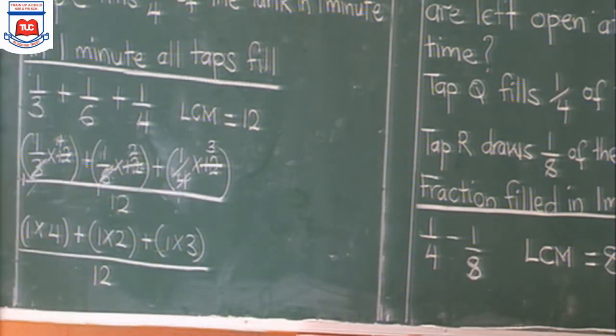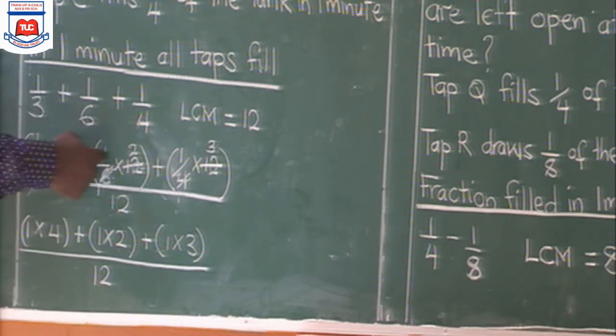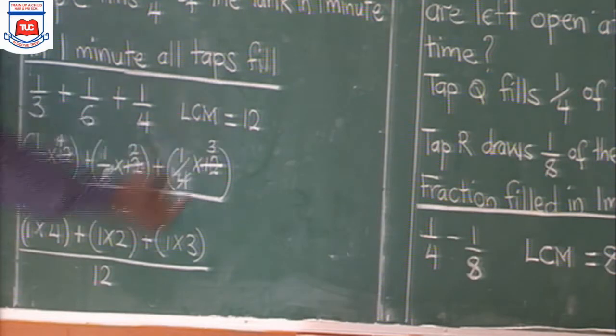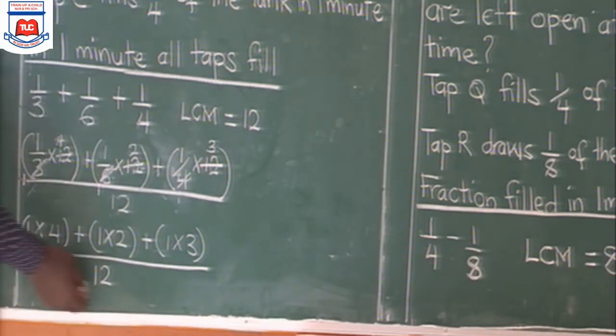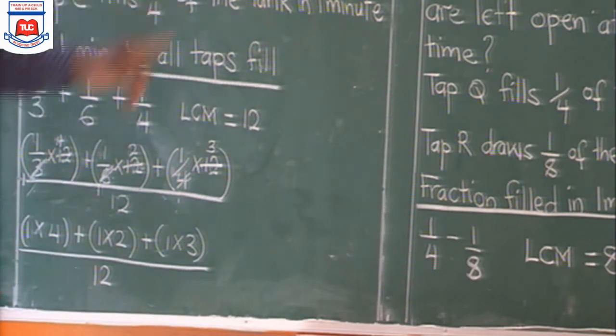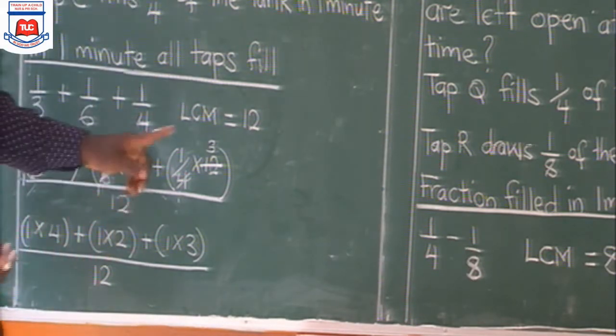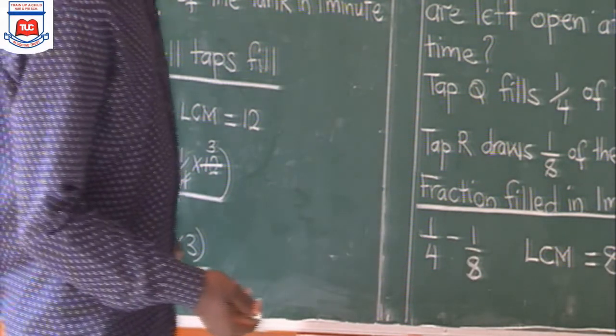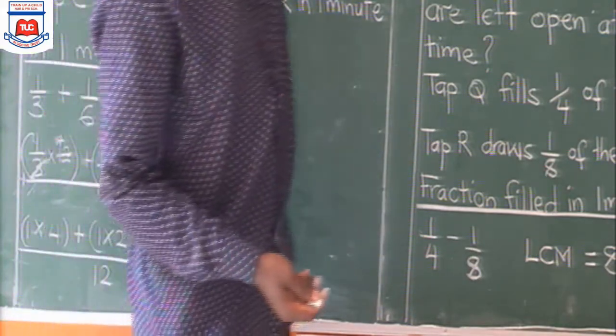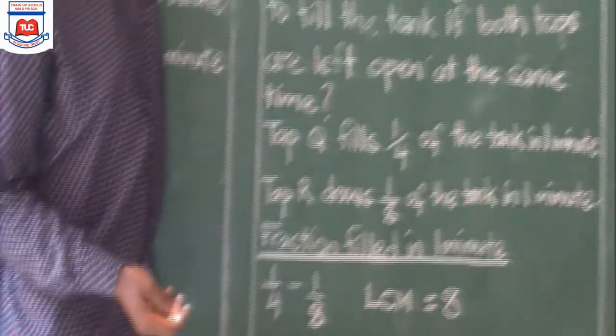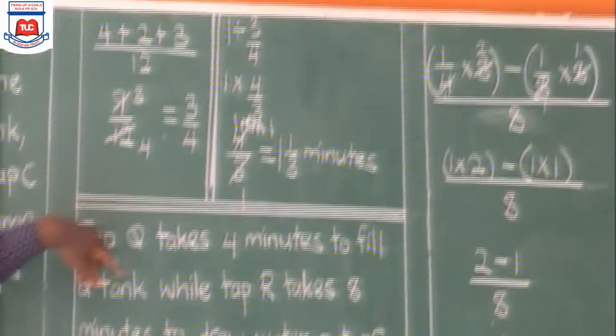Write the outcome out of 12. That is 1 times 4 plus 1 times 2 plus 1 times 3 out of 12. Get the products. 1 times 4 is 4. 1 times 2, you get 2. 1 times 3, you get 3. Hence, we have 4 plus 2 plus 3 out of 12.